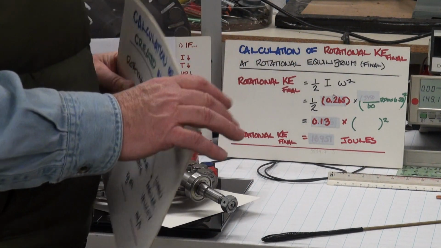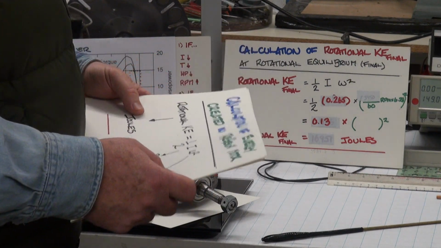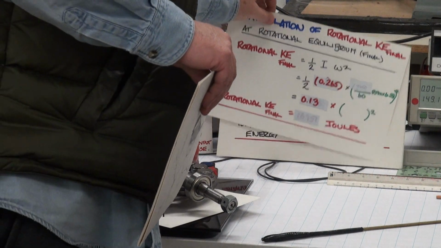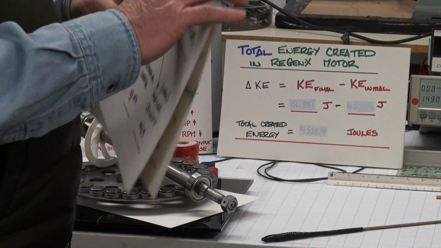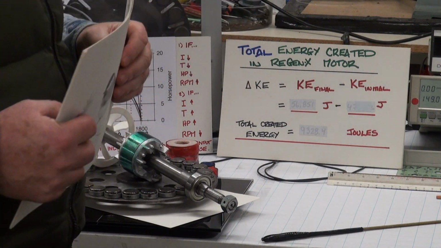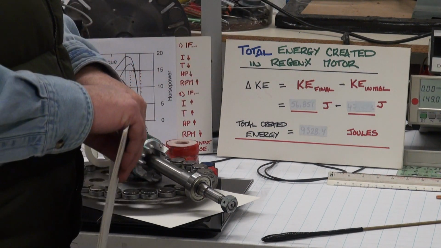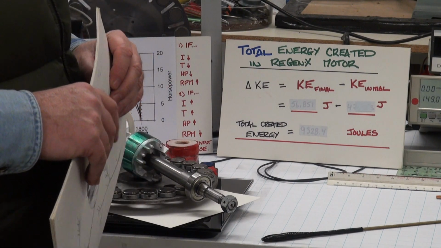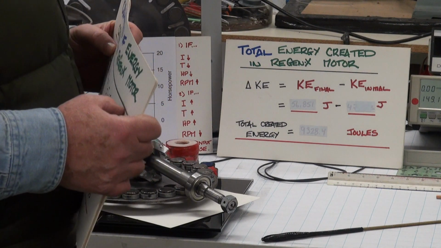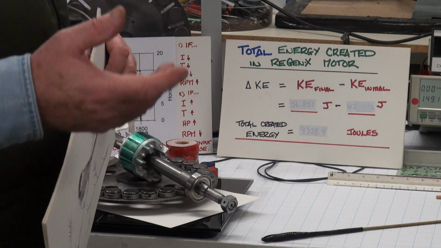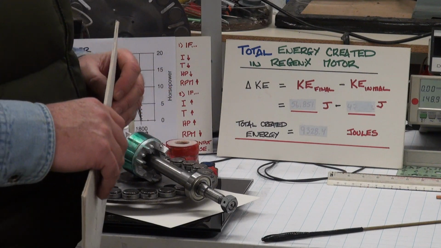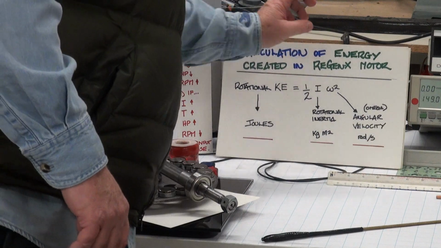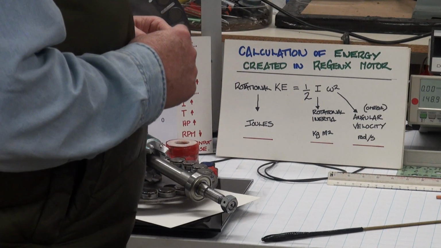We'll figure out the kinetic energy at our higher level, and then we will calculate the total amount of electromagnetic field energy that's created by the RegenX motor, which performs the positive work accelerating the system. So we'll fire up the system and we will see what happens.